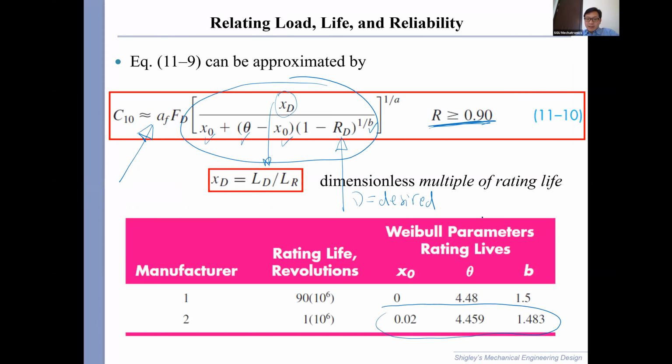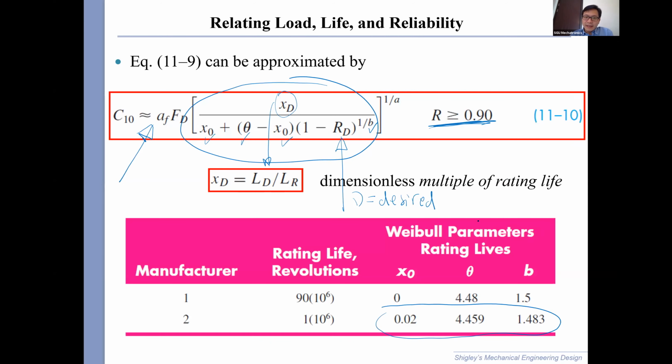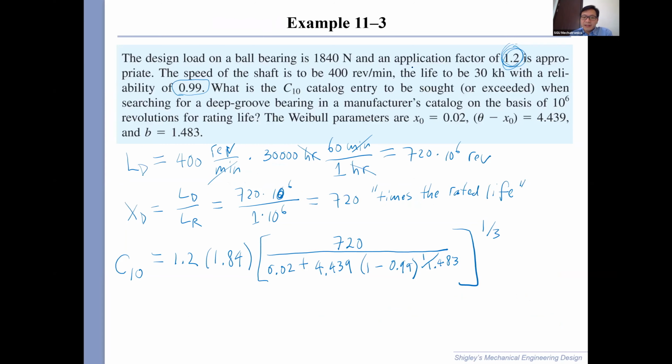This formula, we got theta minus X0, 1 minus RD, and then 1 over B. And the whole thing is raised to the power of 1 over A, same as the previous formula. So you have 1 over A, where A is equal to 3 this time, since we're given a ball bearing, see the problem set.